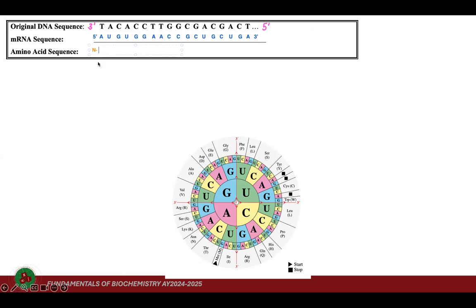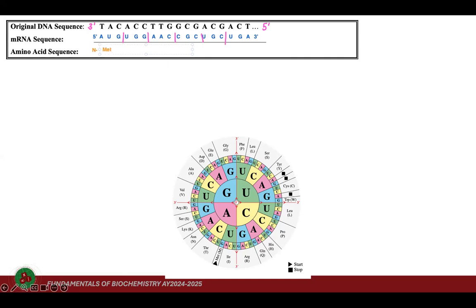I forgot to mark the triplets. So AUG, UGG, AAC, CGC, UGC, and UGA. Now let's write the amino acid sequence of our mRNA transcript.